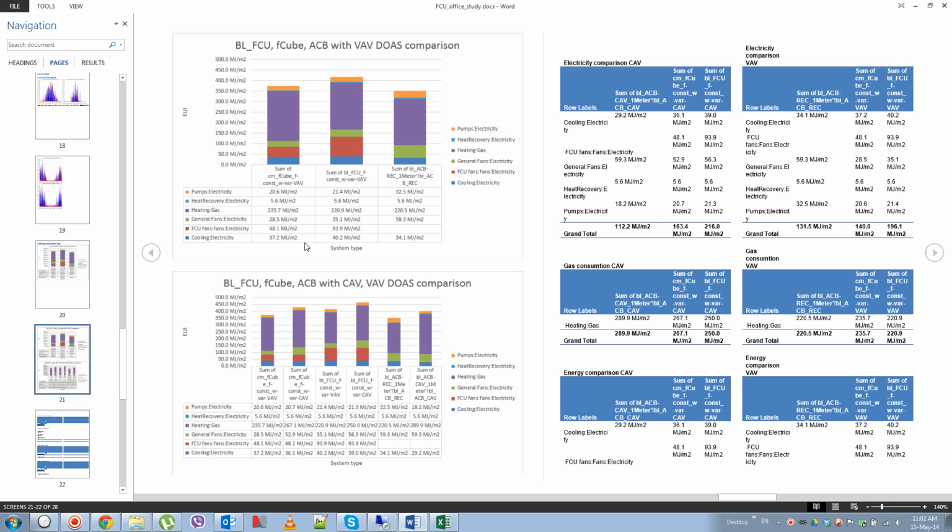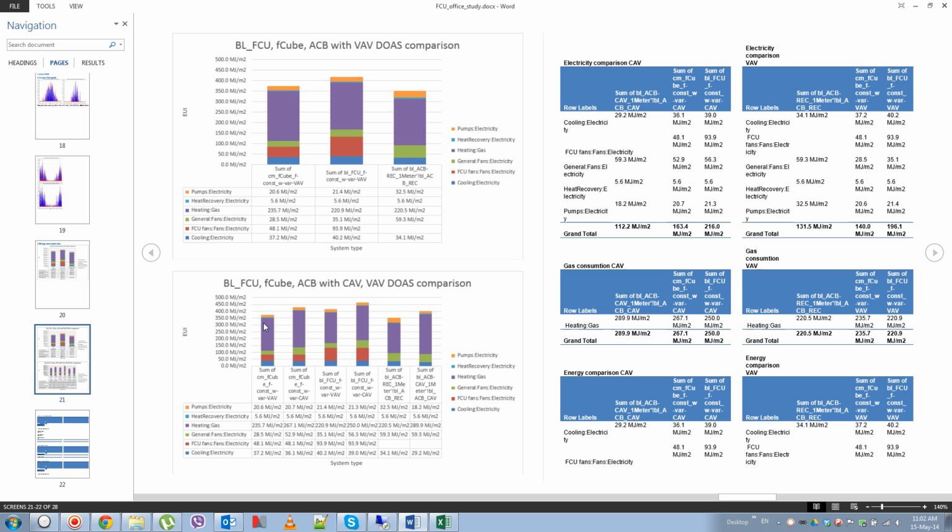So what we have next. This table: VAV means the category with VAV and recirculation as well, CAV the category with constant air volume, fCube, baseline fan coil, which is the average one, and ACB active chilled beam.